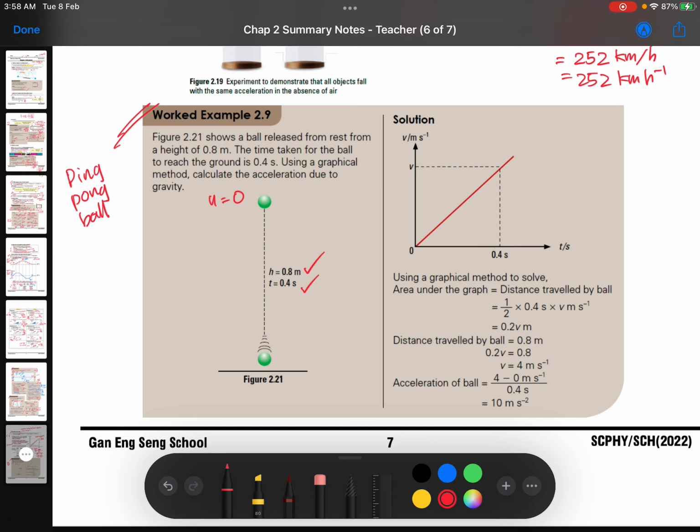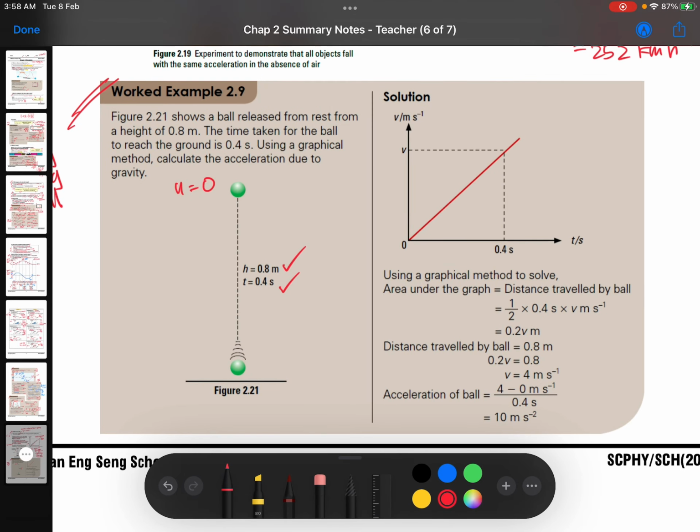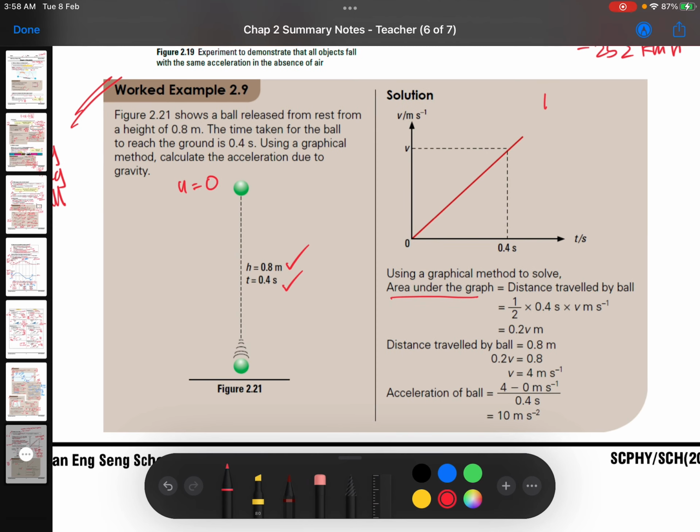So let's solve using the graphical method. The area under the graph is the distance traveled by the ball. If you remember, we covered this in the summary before. As you know, the acceleration due to gravity is uniform.